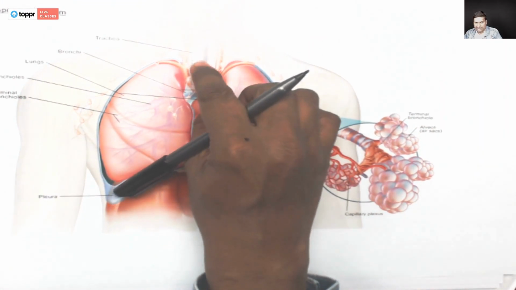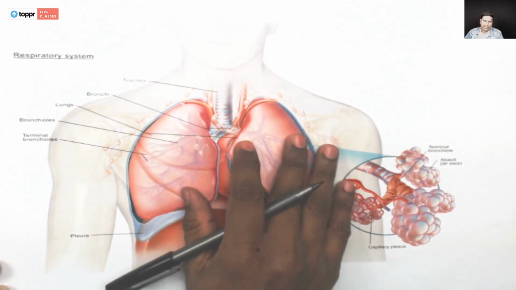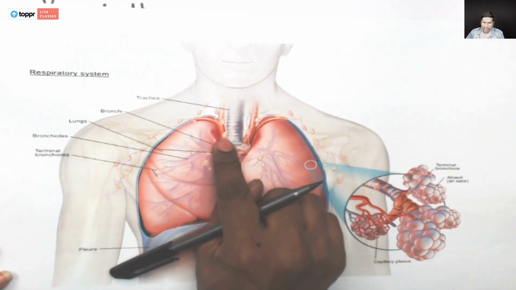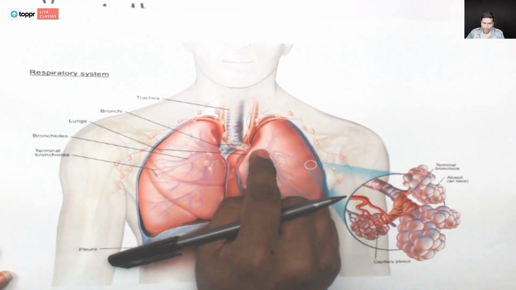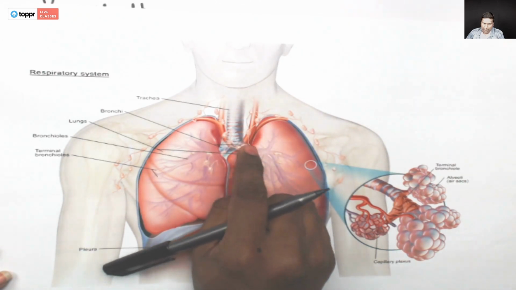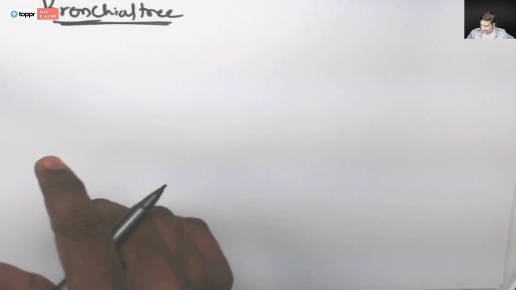This is your trachea. I hope you can see this. The trachea splits into branches, and these branches are what we call the bronchi.